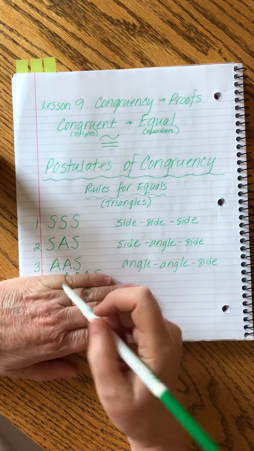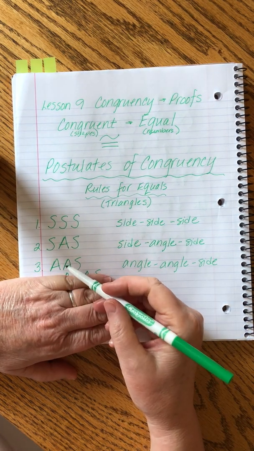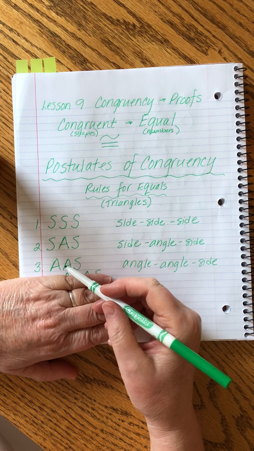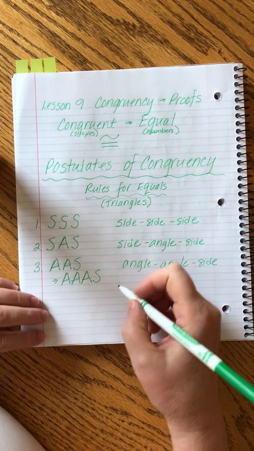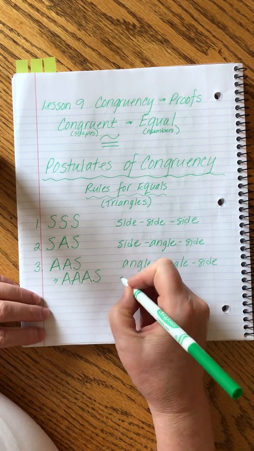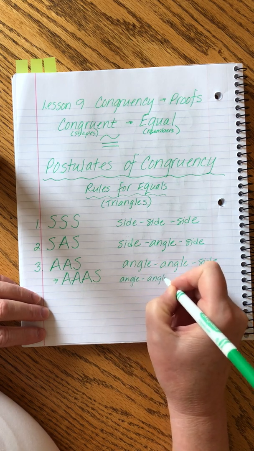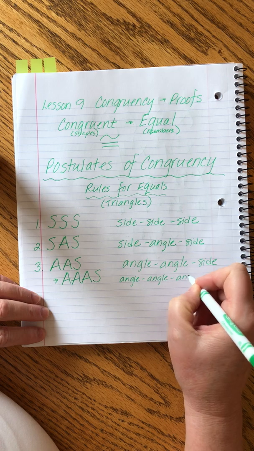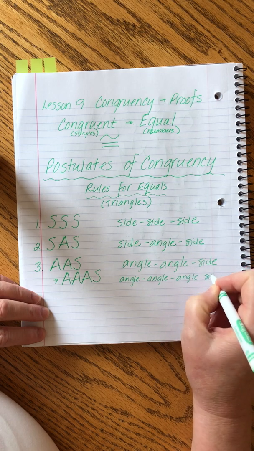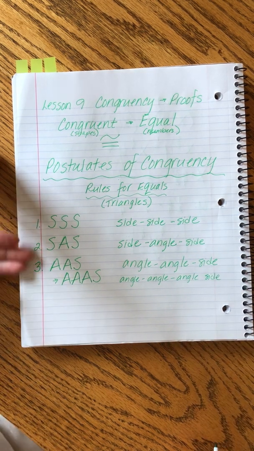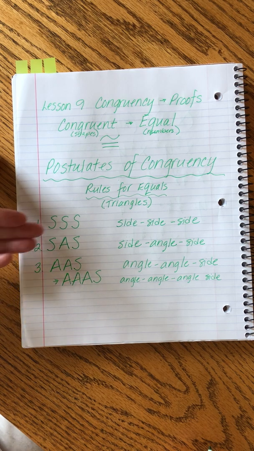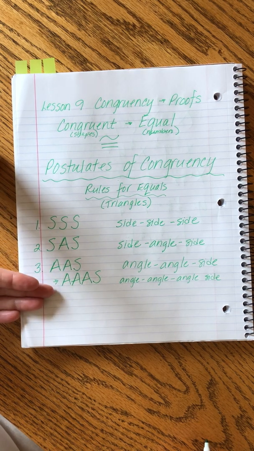These people say, duh, it's a given. You don't have to write out the third angle if you know two of them match. So that's just kind of a stylistic issue. This one stands for angle, angle, angle, side. Okay, 3 rules of congruency that relate to all triangles.